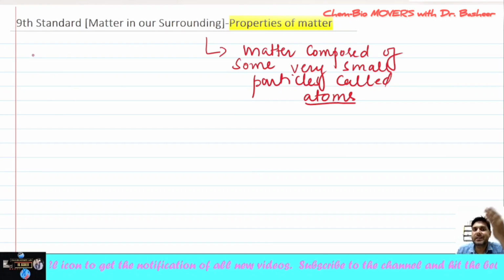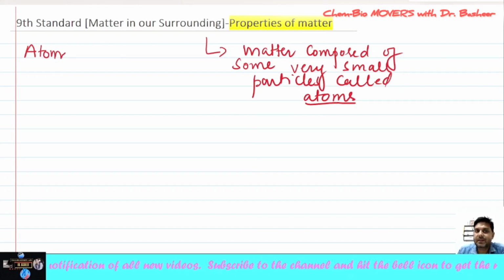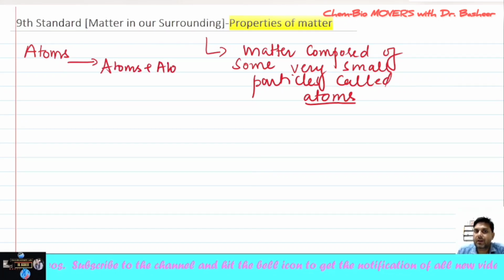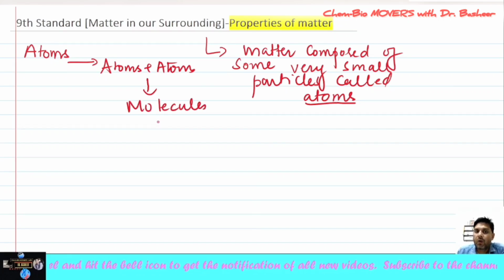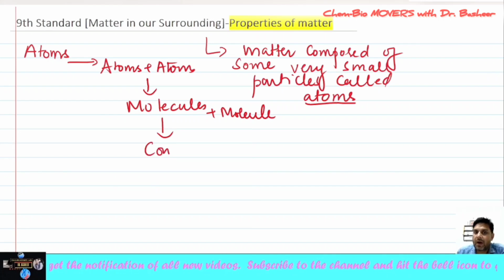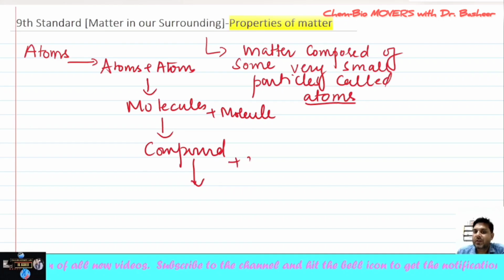I'll tell you one more thing, it's a sequence. Small particles called atoms. One or two atoms join together and form molecules. One or two molecules join together called compound, and one or two compounds join together and form mixture.